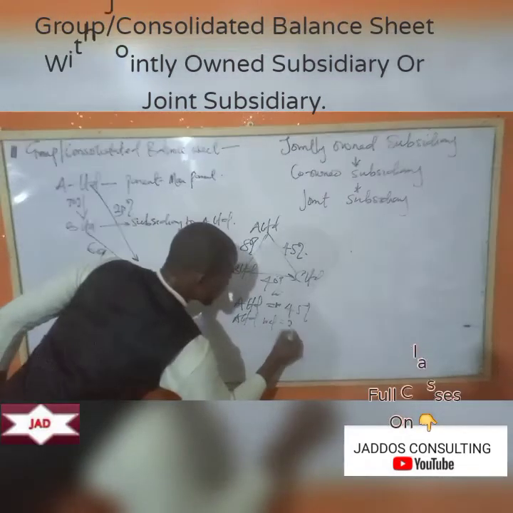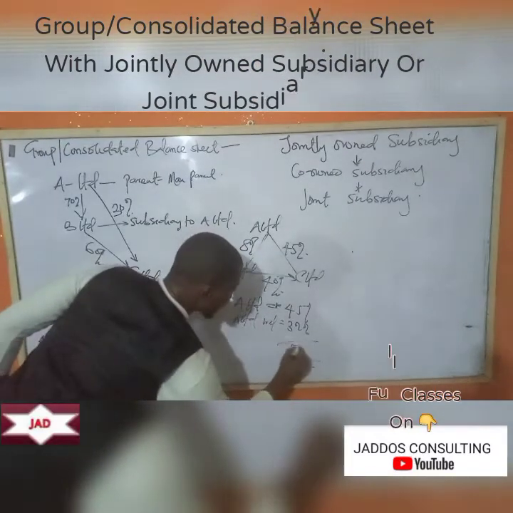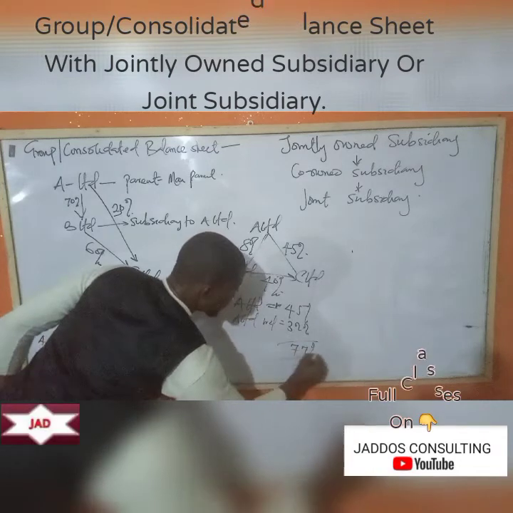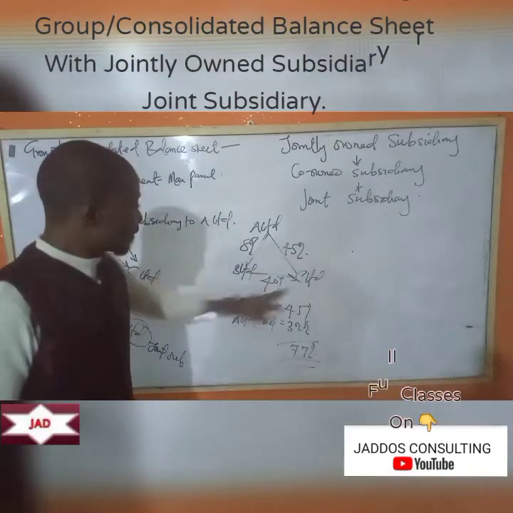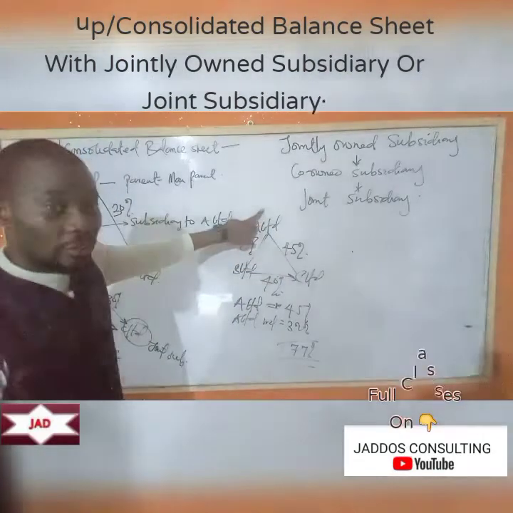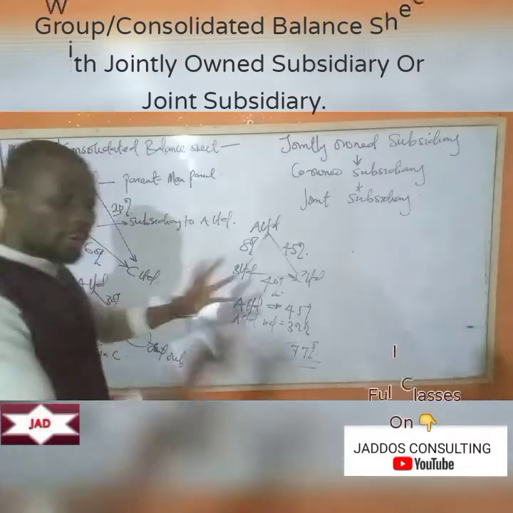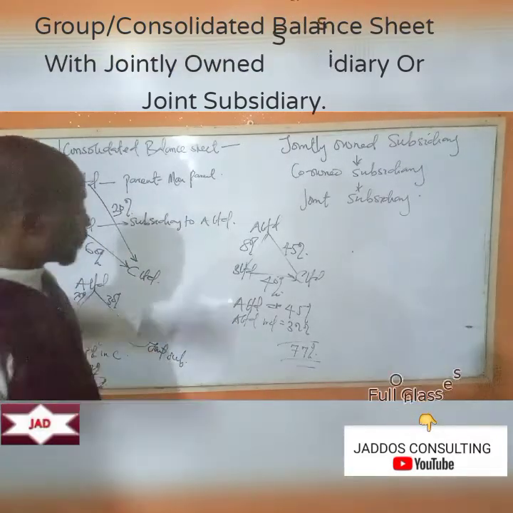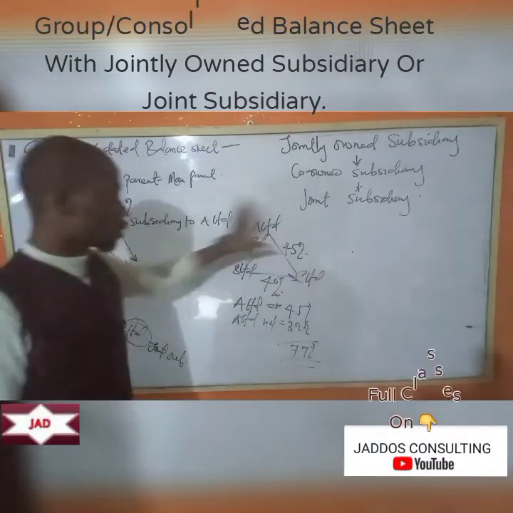So in total, A has 77%. So if you look at it directly, C is not a subsidiary of A, neither is it a subsidiary of B. But when we combine the holding structure, we find that C is now a subsidiary of the group.